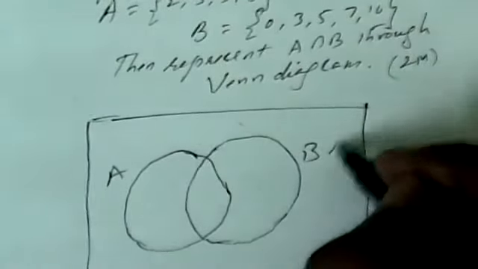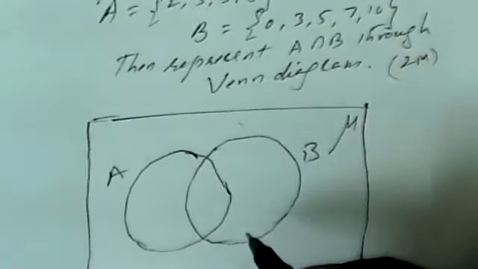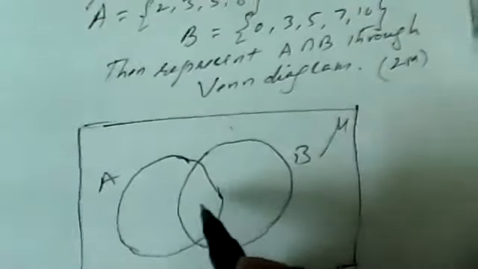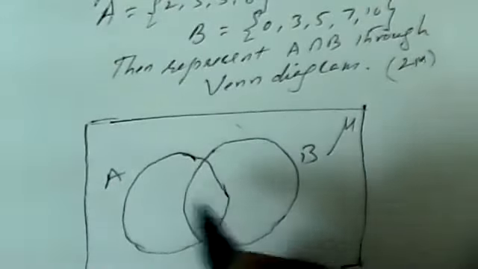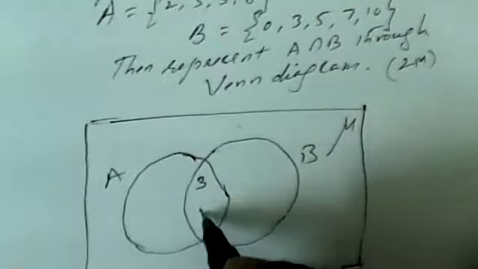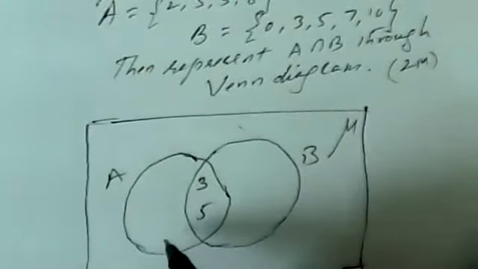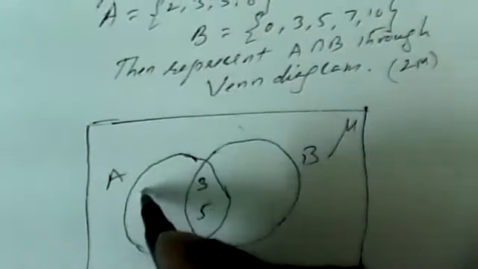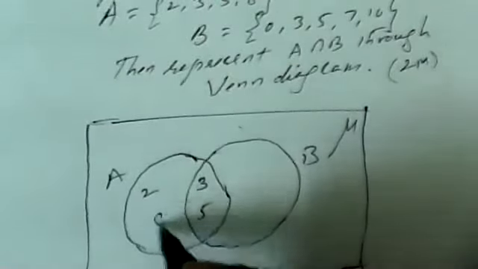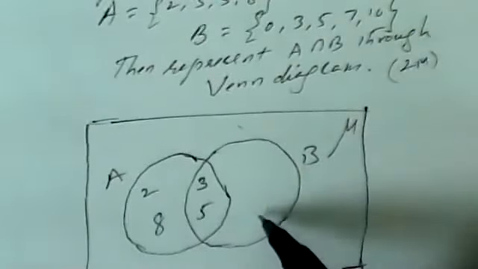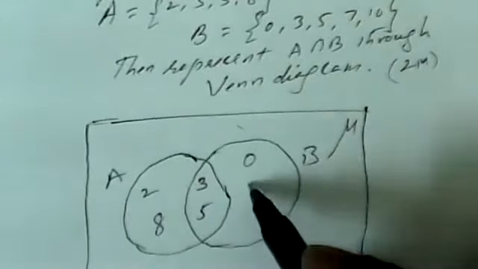Okay. So what are the common elements in A and B? We will see 3, 5. So we present this common area 3 and 5. And in A, other than 3 and 5, we have 2, 8. And remaining elements in set B, other than 3, 5 are 0, 7, 10.